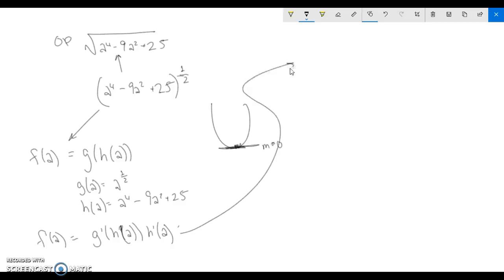Now, that would equal the derivative of g of h of a, well, we move down the 1/2 over here, h of a to the 1/2 minus 1, which is negative 1/2, times the derivative of h of a, which equals 4a cubed minus 9 times 2, 18a plus 0.